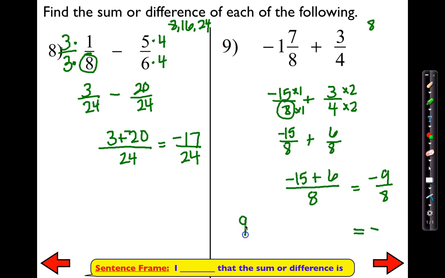So here we're going to do 9 divided by 8, which goes in once. It's going to leave me with the remainder of 1, so it's going to be 1 and 1/8. Notice here I already marked that it's going to be negative, so it's going to be negative 1 and 1/8. So I know that the sum, this time it's addition, is negative 1 and 1/8.